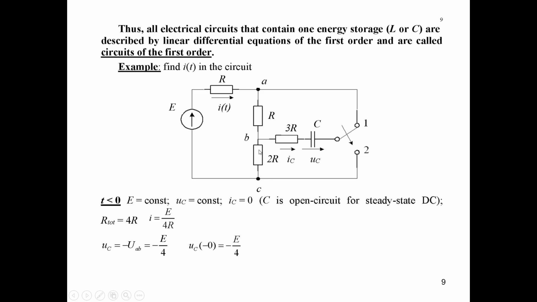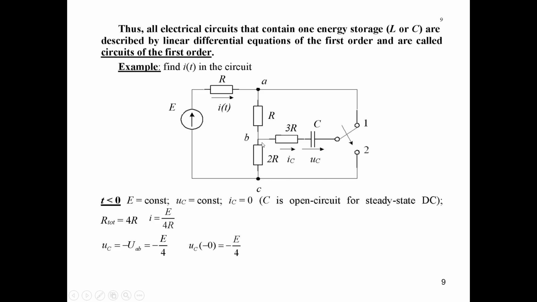But we direct this voltage drop from B to A, while the voltage drop across this resistance is directed from A to B. Therefore, UC will be equal to UBA, which equals minus UAB, the voltage drop across this resistance with a minus sign.